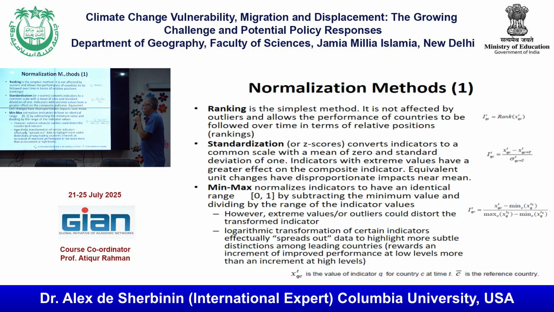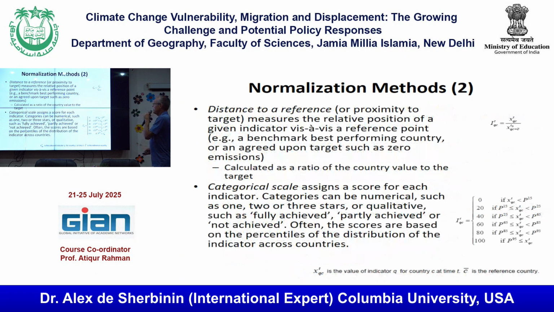Yesterday, I also spoke about trimming the tails. When you have extreme values, the first thing you want to do is trim the tails, then do the logarithmic transformation. You can also just do a basic distance to reference, calculated as the ratio of the country value to the target. The other option is to create categorical variables.